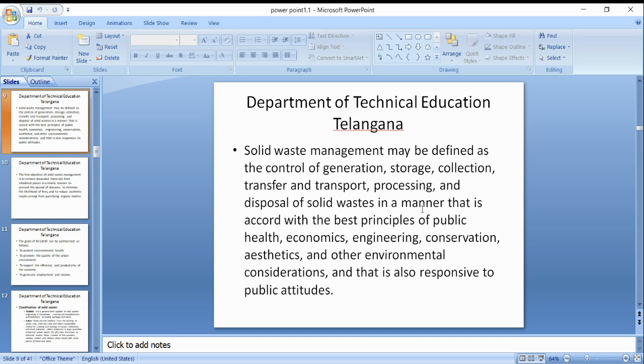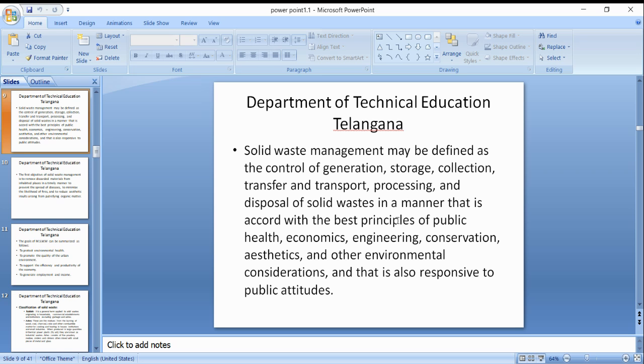So solid waste management may be defined as: it is a control of generation, storage, collection, transfer and transport, processing and disposal of solid waste.